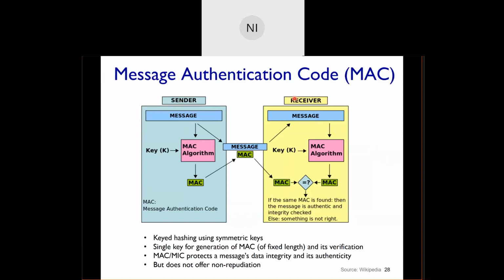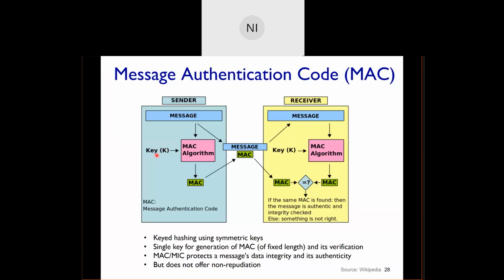When you take Alice and Bob, Alice wanted to send a message. There are many standard MAC algorithms out there. Again, these algorithms are public, similar to the way we have seen encryption algorithms. The only thing that is not public is the key. So you take the message that you want to do the integrity check on.